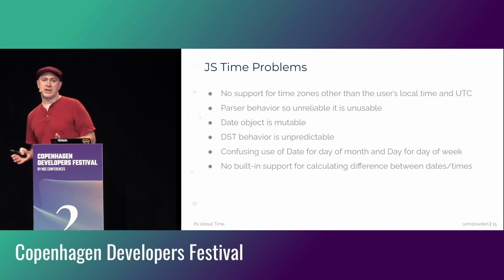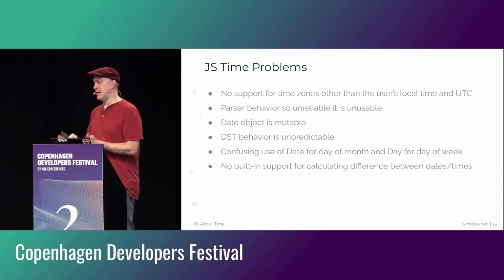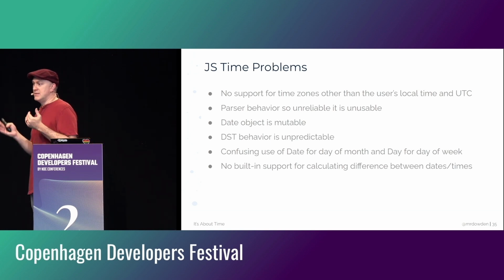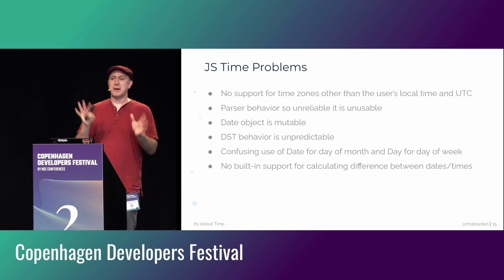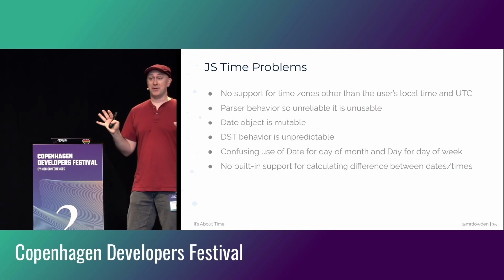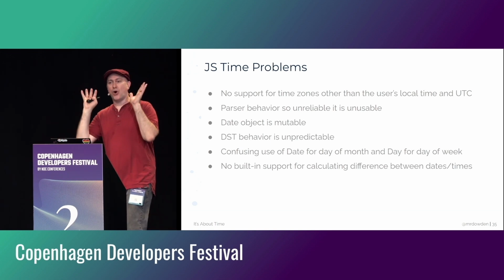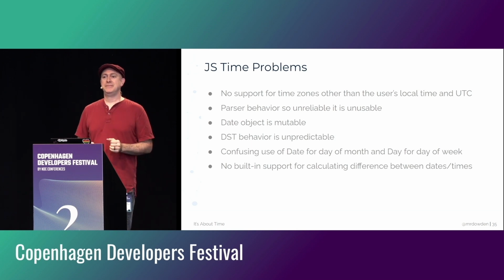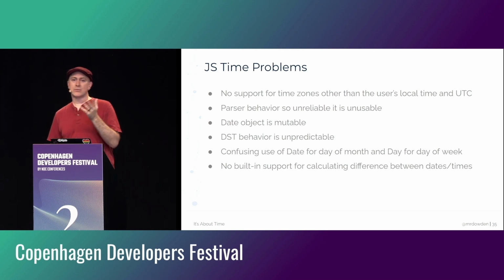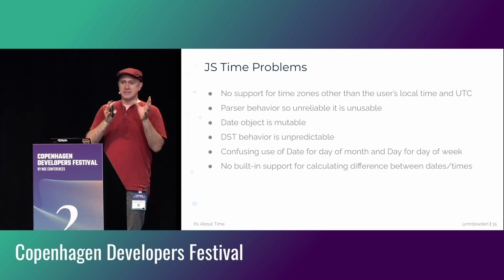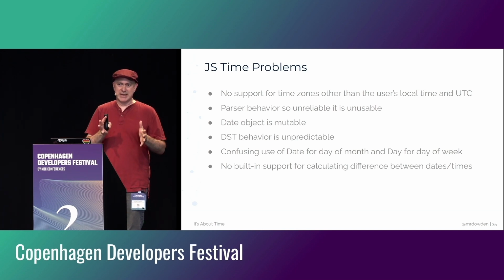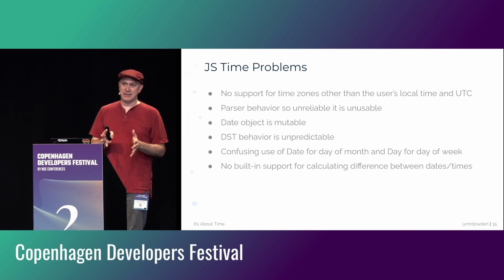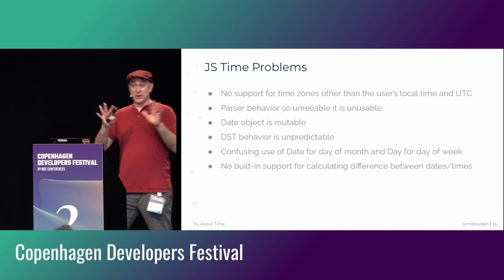Because what does every developer do when they need to compare two dates in JavaScript? They immediately and intuitively convert it to epoch because now I just have numbers and I know how to do math with numbers. I'm good at that, but you always get the wrong number. And what's worse is you'll get the right number for certain sets of values, provided that they are close enough together and don't span a year and don't span a leap year and don't span a leap second and don't span daylight savings time, then it'll work.